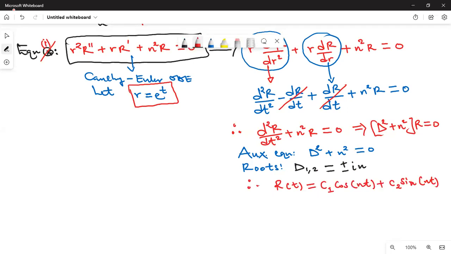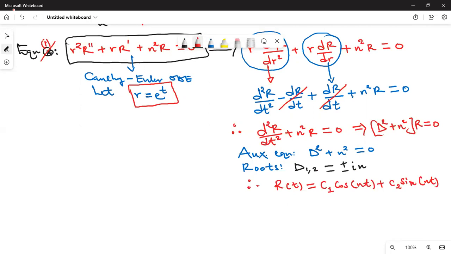So that's what we have as our solution corresponding to the capital R. How else can we write this solution? That is the question that we need to ask ourselves.